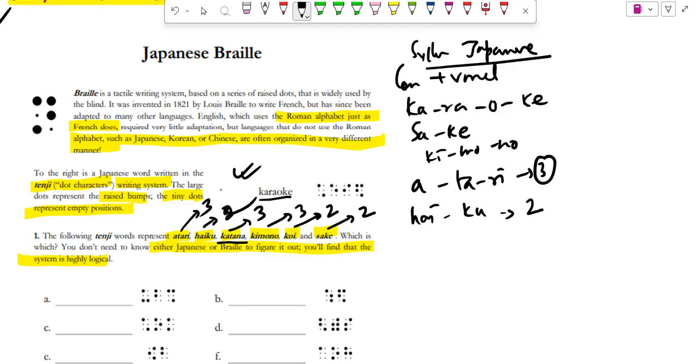So let's identify. The answer comes after matching the syllables in this very basic structure. The following tenji words represent atari, haiku, and so on. The first one is katana, then koi, and we can label them as well.